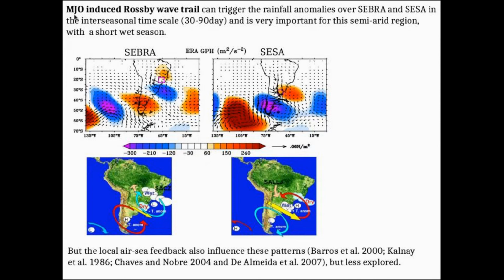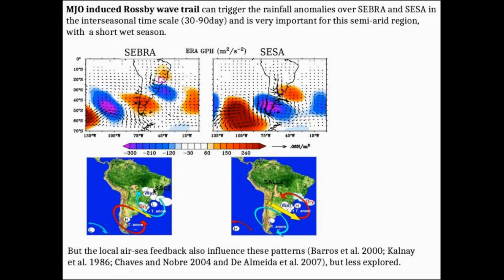It is known that the Madden-Julian oscillation can trigger these events. It induces a Rossby wave train, which changes the circulation over this region and brings the precipitation. When there is this kind of geopotential height pattern, it influences the low-level jet.